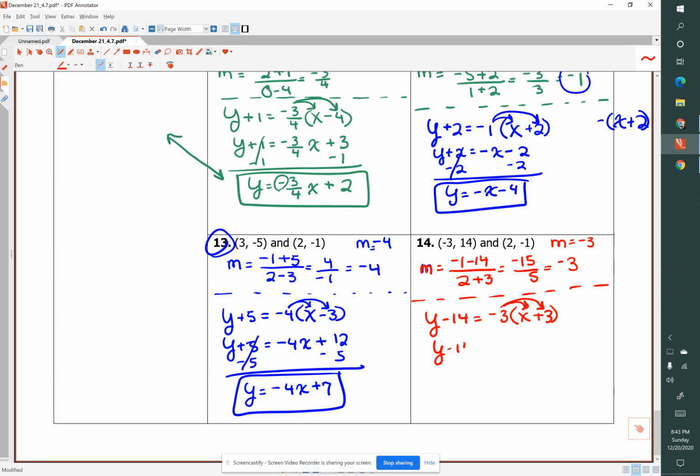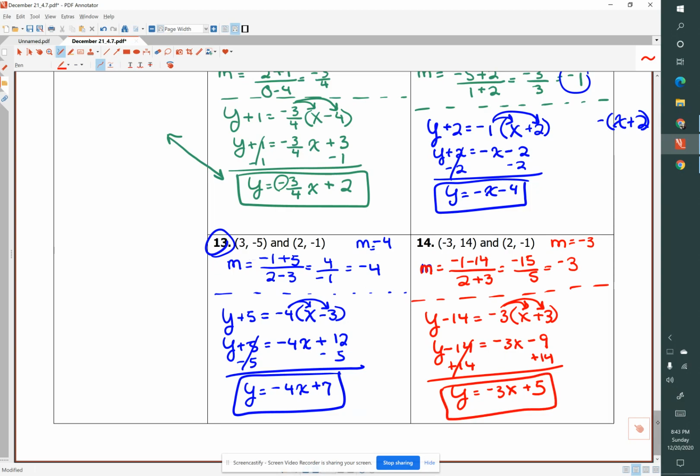Y minus 14 equals -3x minus 9. Now we'll add 14 to each side. We need to isolate the y. And y equals -3x plus 5. And that's our slope-intercept form.